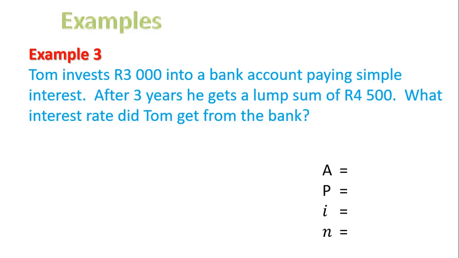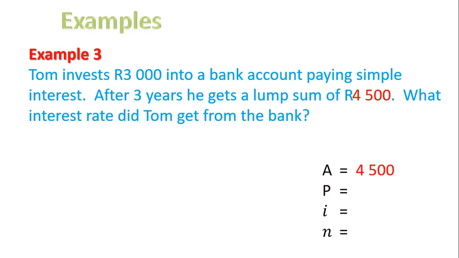So A is my final amount. If we look through it, we find that after 3 years he gets a lump sum of 4,500. So after everything's been done, 4,500 is my final amount.